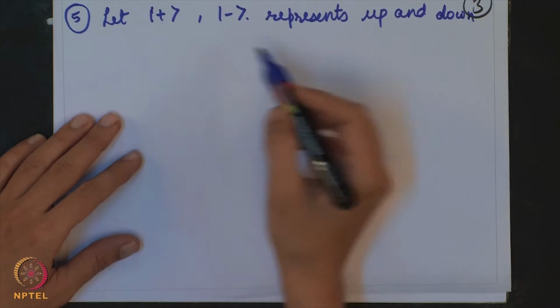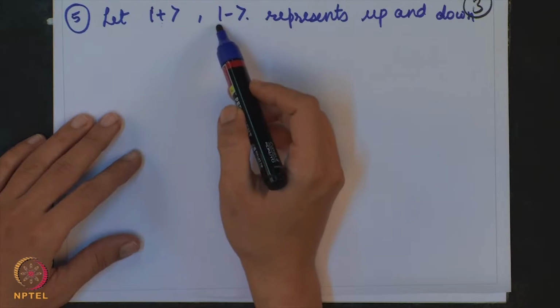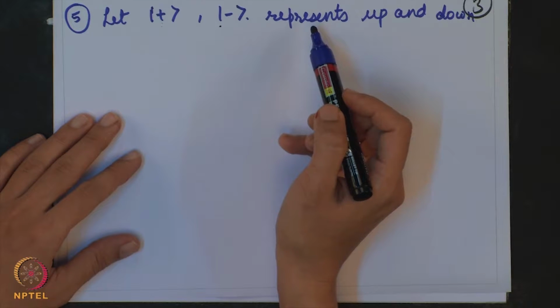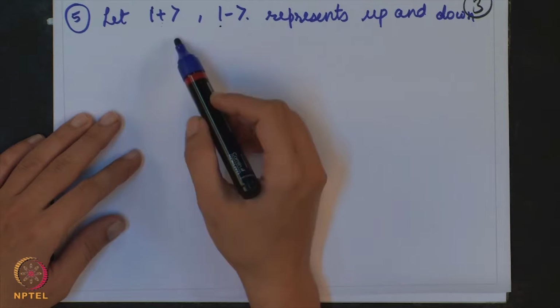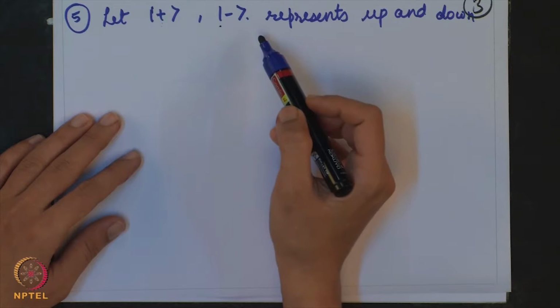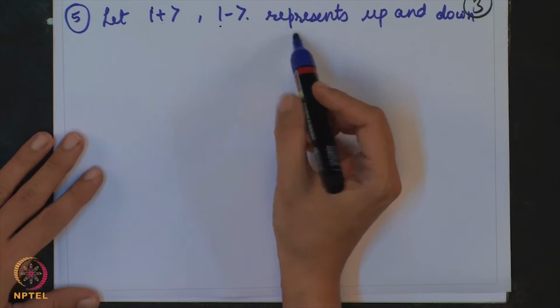It will give you the eigenvalue half h cross, and the minus state will give you the eigenvalue minus half h cross. So, plus half h cross by 2 and minus half h cross by 2. Okay.